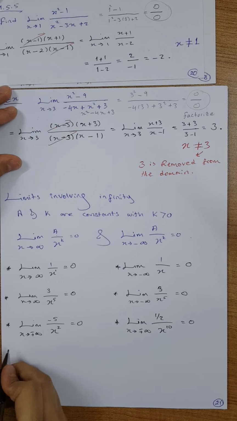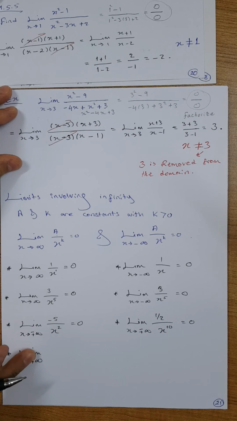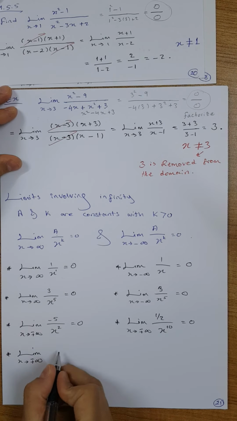Let me give you another example also, x approaching infinity or negative infinity. Look, I'm saying if it is infinity it's true, negative infinity is also true. That doesn't mean every time it will come as both. I may give you positive infinity or negative infinity.